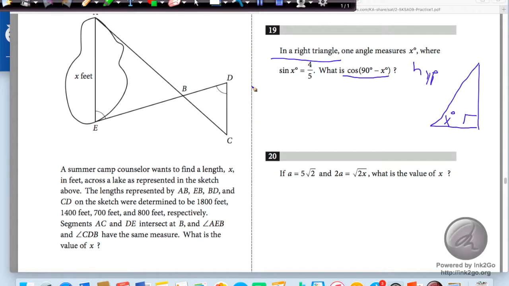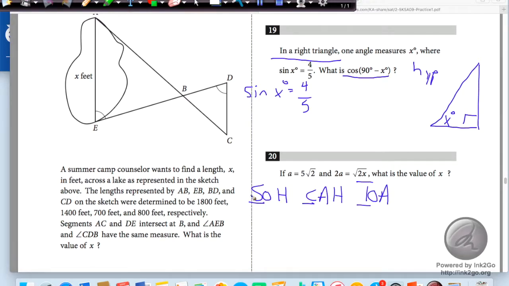And it says that I have sine of x equals 4 over 5. Now, quickly, in order to do this particular type of problem, you need to know what is called SOHCAHTOA. SOHCAHTOA stands for sine is opposite over hypotenuse, cosine is adjacent over hypotenuse, and tan is opposite over adjacent.